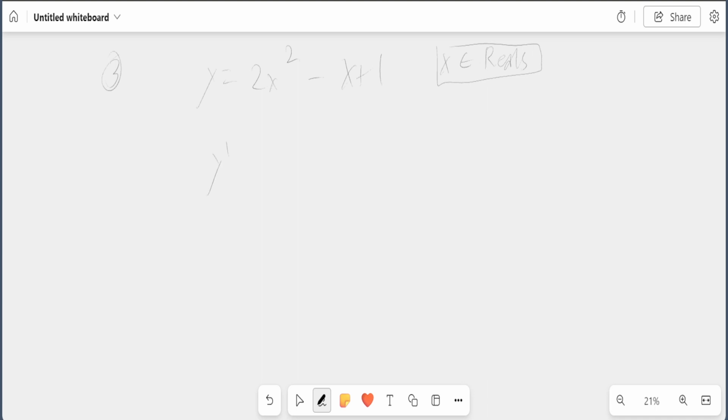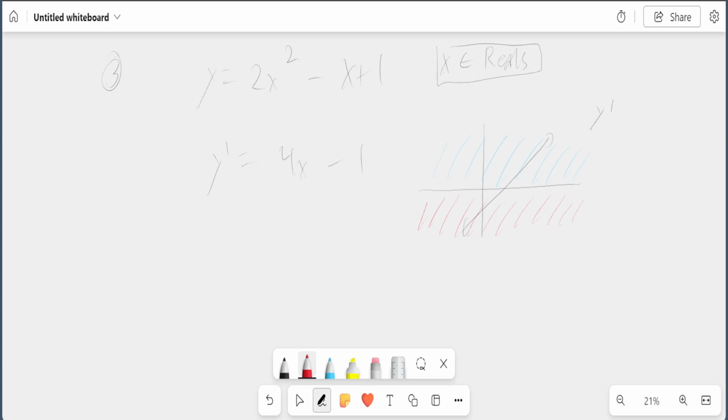Okay, so y prime is equal to 4x minus 1, right? And we can think about this in 2 ways. One, this is our y prime in 2D space, right? This is positive, and this is negative.